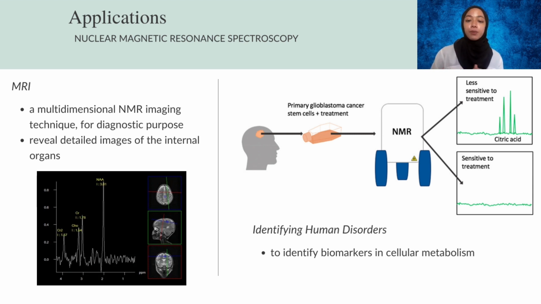NMR spectroscopy allows researchers to identify these biomarkers so that patients can be treated accordingly. It also can be used to identify Parkinson's disease, as well as cardiovascular diseases, and a range of neuropsychiatric disorders such as bipolar, major depression, and autism spectrum disorders.